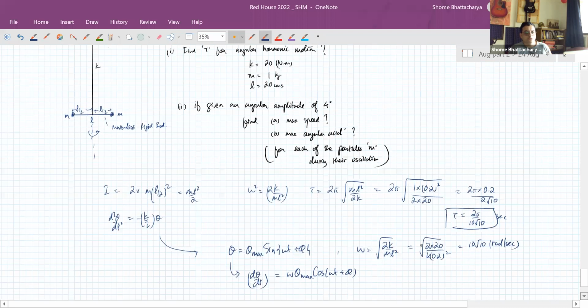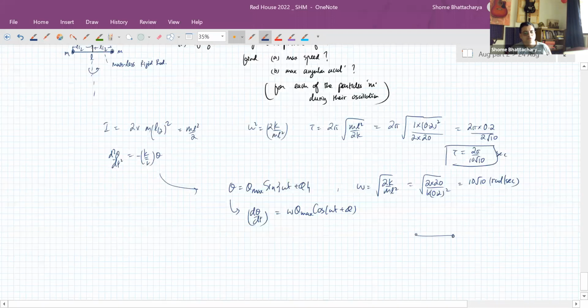So now these two particles are going to be in circular motion. If you take the top view, when this is rotating at d theta by dt like this, these two particles will have the maximum speed when it's at the mean position. So that maximum speed will be L by 2 into the maximum angular speed. So it will be L by 2 into omega theta max.